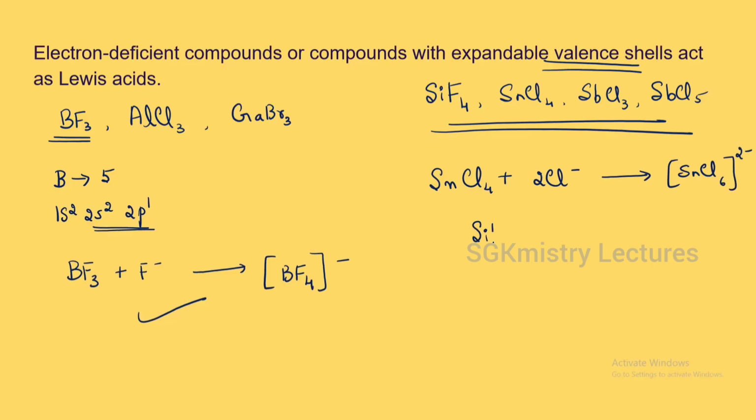Next, I can also write the equation for SiF4. Again, it can take up 2 more fluoro ligands to form the complex SiF6 2-. So these are with respect to how the electron deficient compounds, or the ones which can expand their valence shell, can act as Lewis acids.